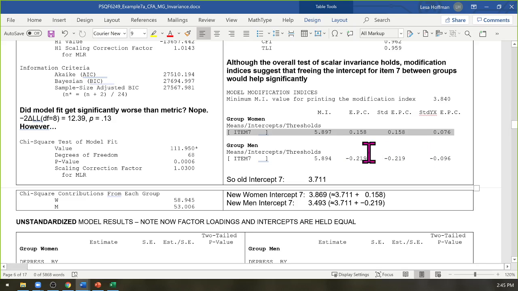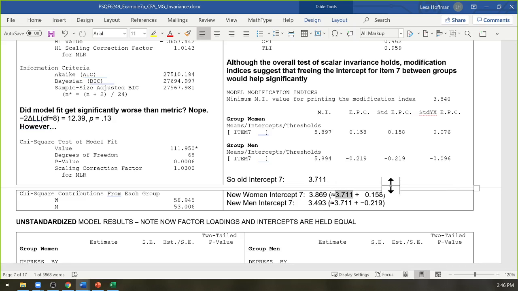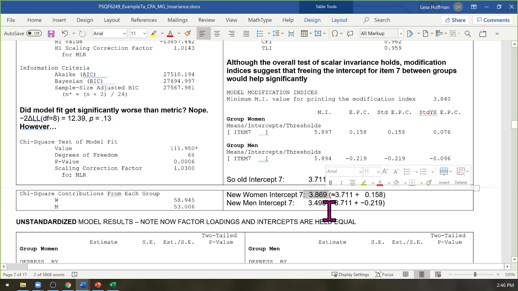It also tells you in the second column, the expected parameter change, how much the parameter would be adjusted. So what happened is that between the two groups, the new intercept that was created for item 7 was estimated at 3.711. These modification indices are telling me that it really wants the women's intercept to be 3.869 and the men's to be 3.493.